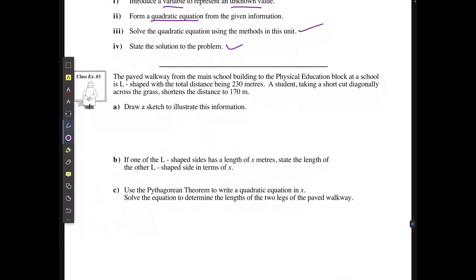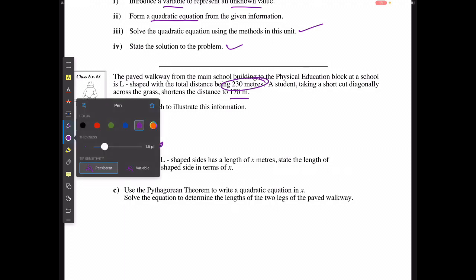So, the paved walkway from the main school building to the phys ed block at the school is L-shaped, with the total distance being 230 meters. A student taking a shortcut diagonally across the grass shortens the distance to 170 meters. So, if I'm drawing a sketch to illustrate this, well, I'm going from one spot to the next spot, doing a perfect L shape here.